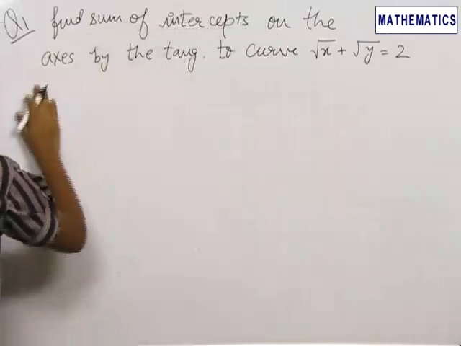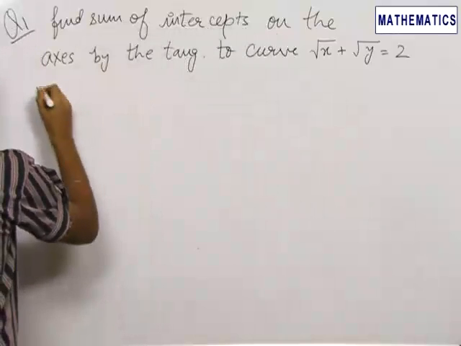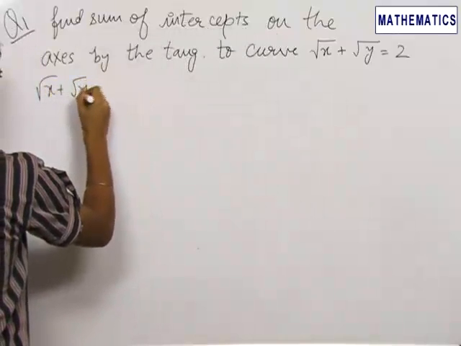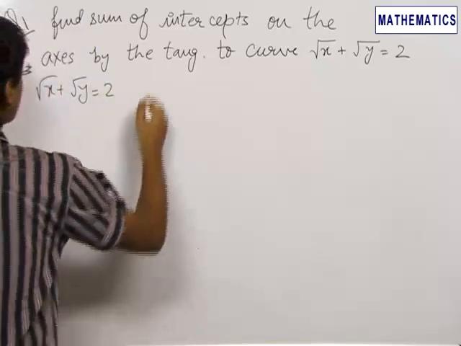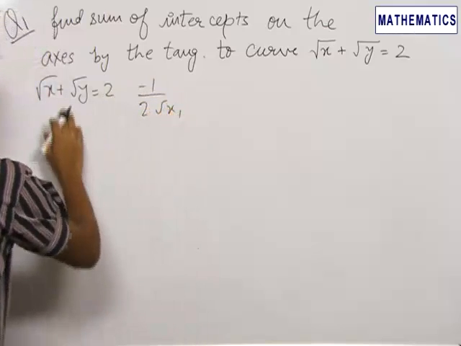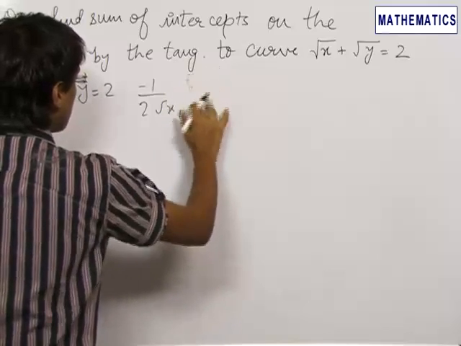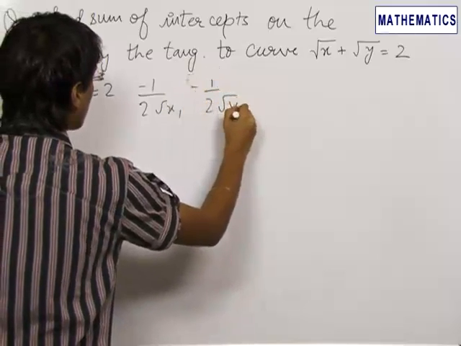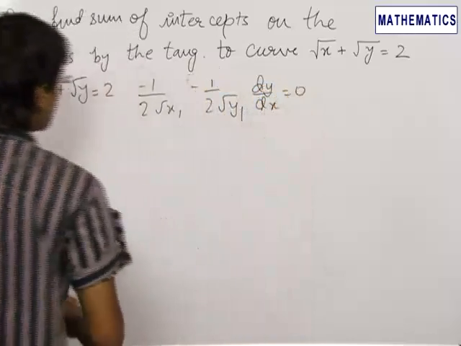For the first method, let us try to solve it by the Cartesian coordinate method. Root x plus root y equals 2. Let us write the tangent to this curve. Differentiating this curve, we get minus 1 upon 2 root x1 at the point, let's say x1 comma y1, minus 1 upon 2 under root y1 dy by dx equals 0.